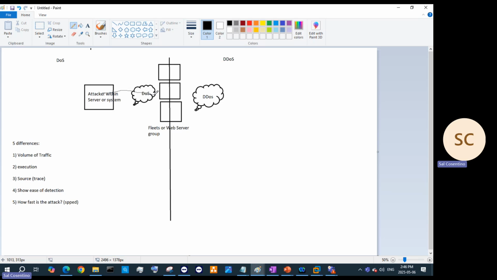And again, from those infections of these server groups or computers, get them to work in sort of this fleet method, and then in order to get them to work in this fleet method, they need to launch an attack on that specific web application, right? So where's our web application? If we're looking at our picture here, let's say our web application is here, right? For a distributed DOS, as an example for volume of traffic, right?